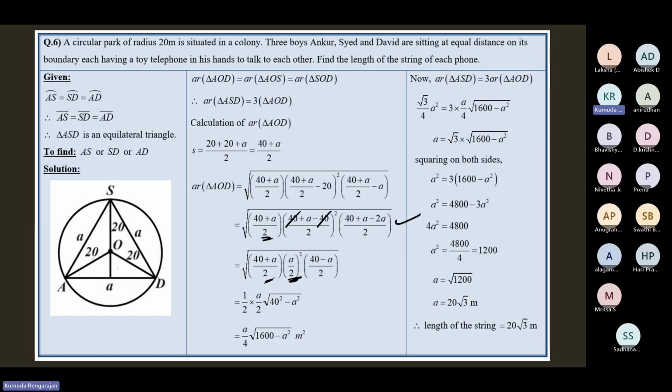And here minus 2A plus A is minus A. So 40 minus A by 2. So here A by 2 the whole square. Now all these are under the square root. So A by 2 the whole square will come out as A by 2. And in the denominator there are 2 2's. So 1 2 will come out, but it's in the denominator, so you should write it as 1 by 2.